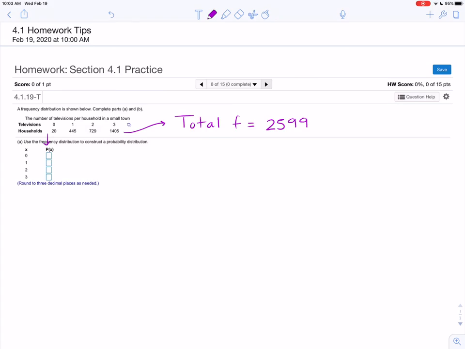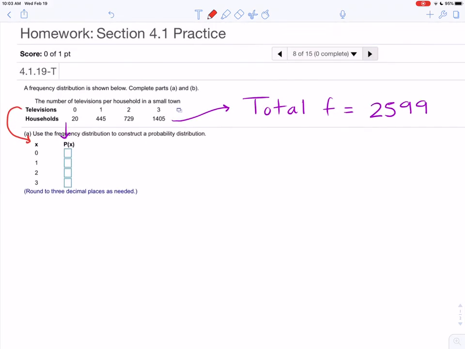So now notice what happens when you go to construct your distribution. The definition of a discrete probability distribution says you look at every possible value of x, right? That's 0 televisions, 1, 2, or 3. And then you write the corresponding probability for each one.